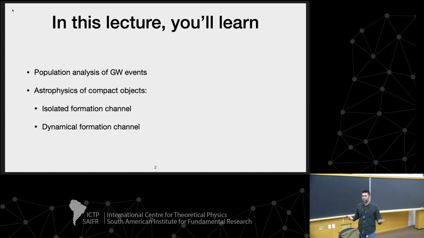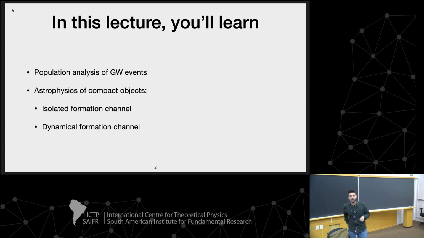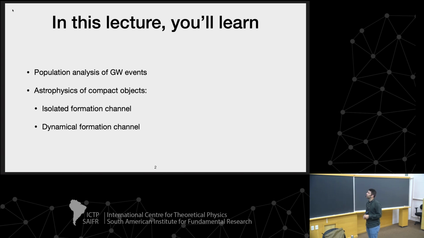Once we get this information, we will see if we are able to reproduce the results with our theoretical model. So we are going to explore how we form gravitational wave sources from first principles, starting from massive stellar evolution, binary evolution, and so on, and so on.